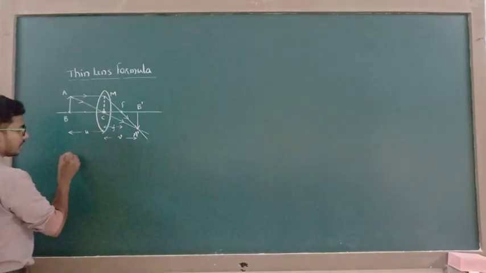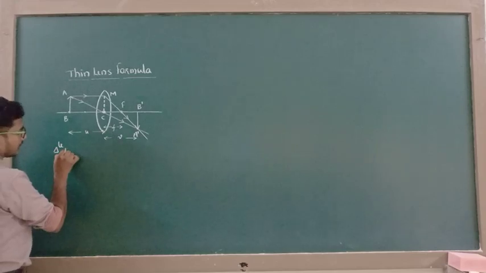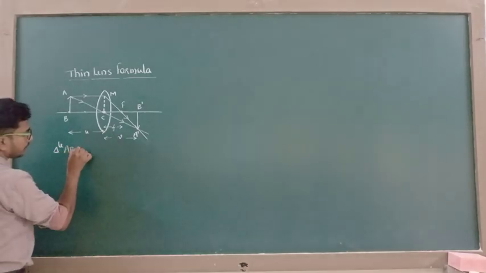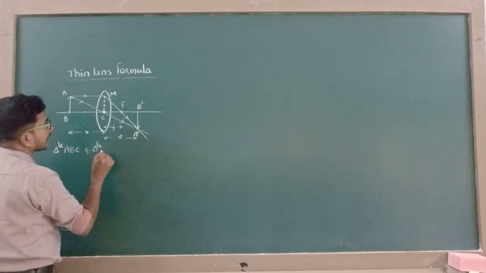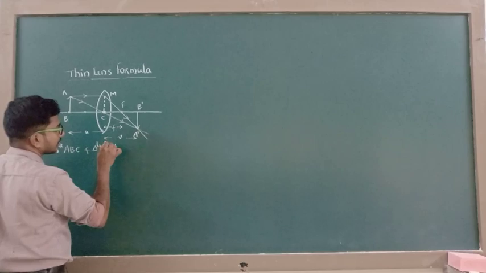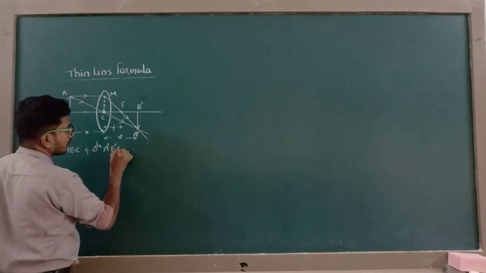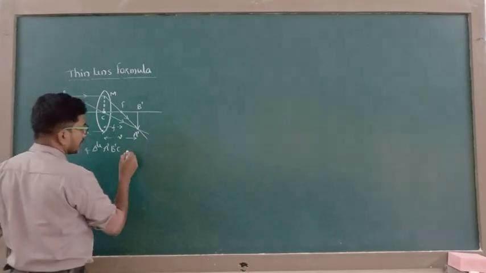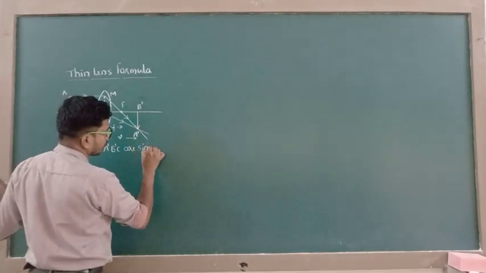So triangle ABC and triangle A dash B dash C are similar triangles.